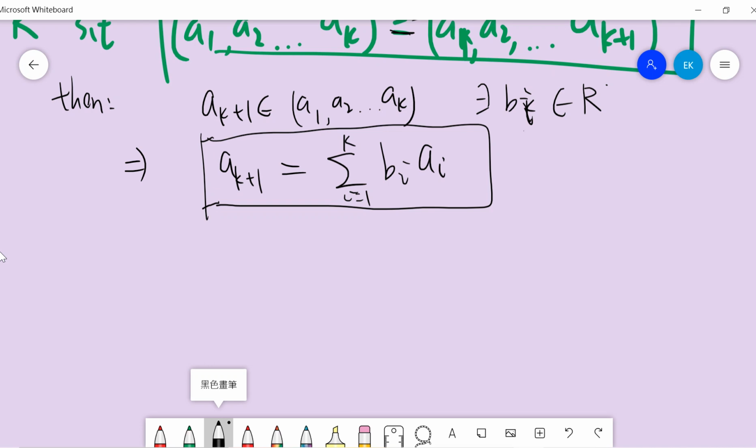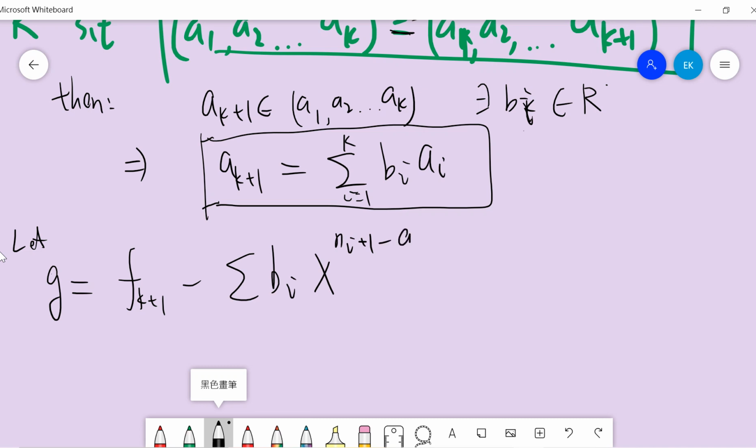What is the next step? Let g equal f_{k+1} minus the sum of b_i x^{n_{k+1} minus n_i} times f_i, for i from 1 to k.